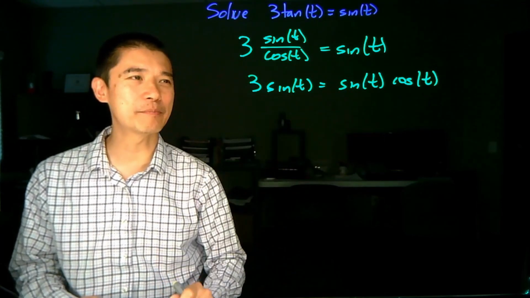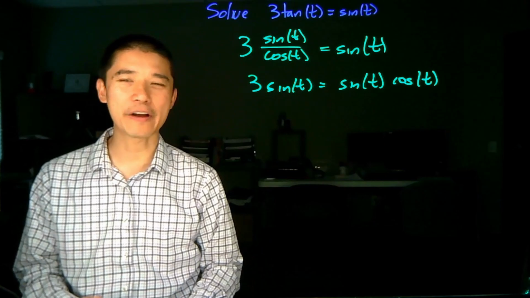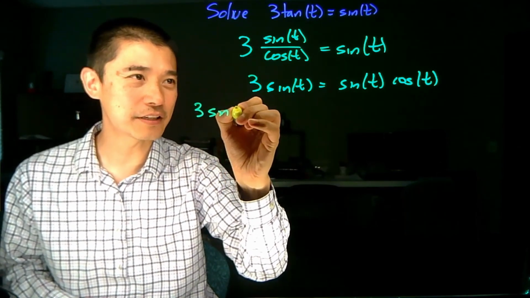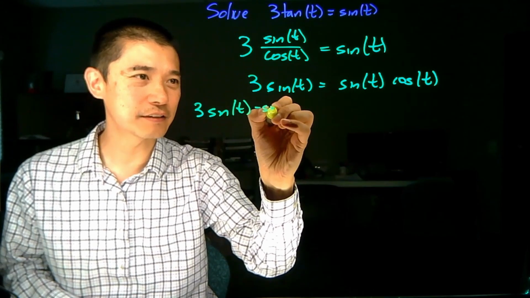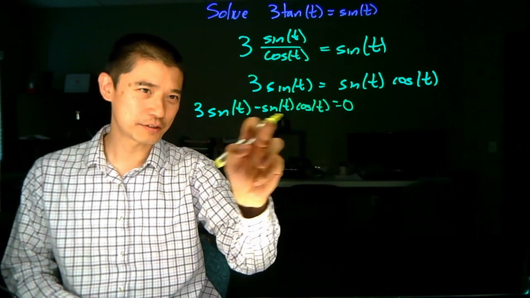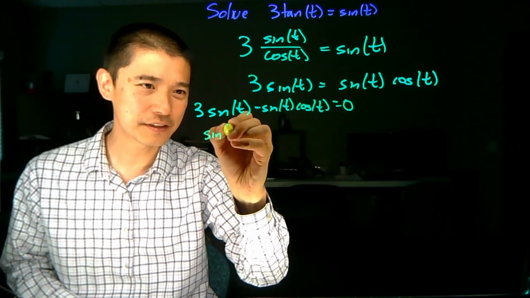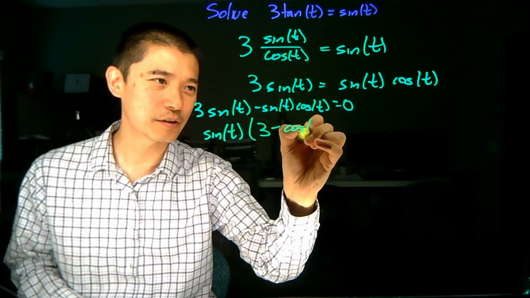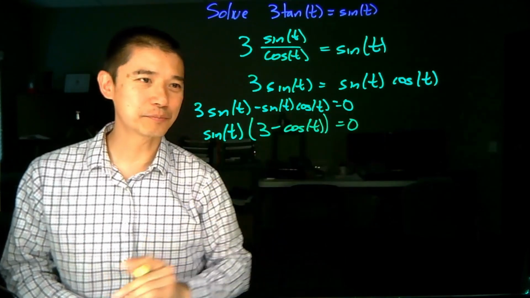You might be dividing by 0. Instead, move towards factoring and using the zero product property. So let's move everything over to the left-hand side. 3 sine t minus sine of t cosine of t is equal to 0. There's a sine term in each of these, so we'll factor that out. Sine of t times 3 minus cosine t is equal to 0.